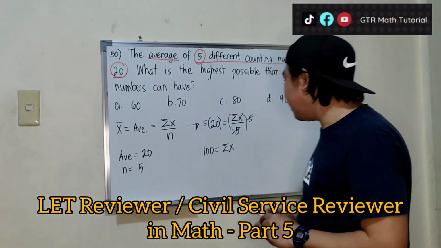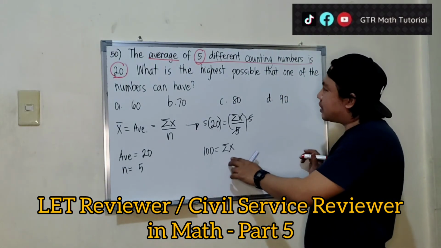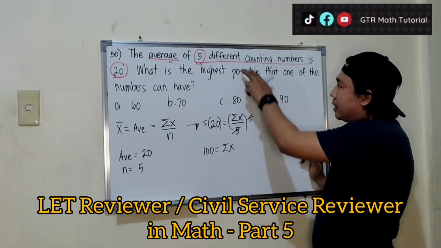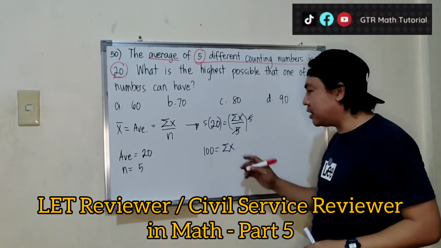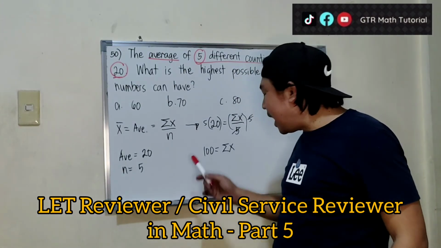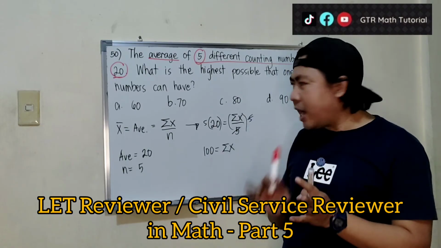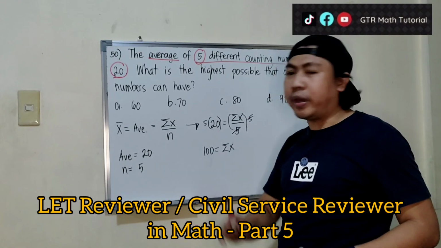Okay, so ano daw pwedeng maging largest possible value ng number? Given na 5 different counting numbers daw yon. Para maging sum nila ay 100, ang average doon ay 20.